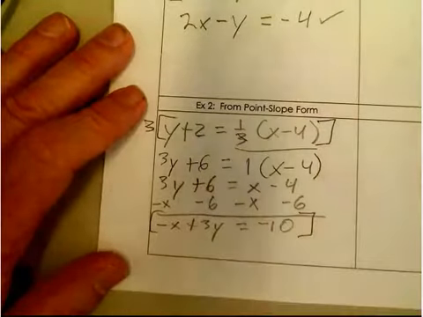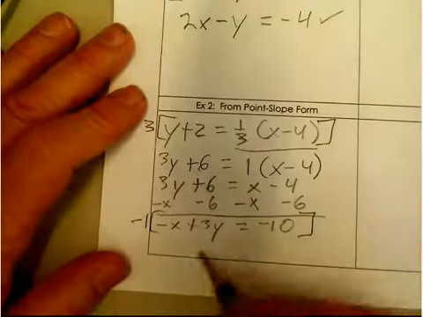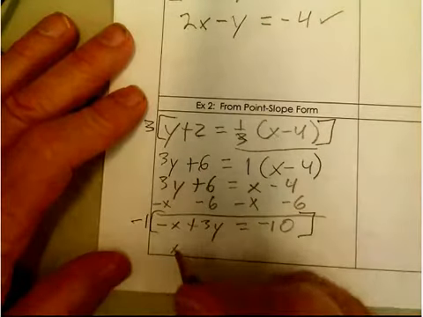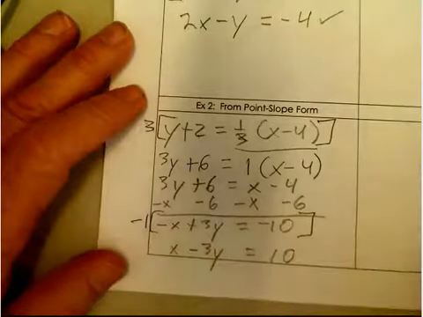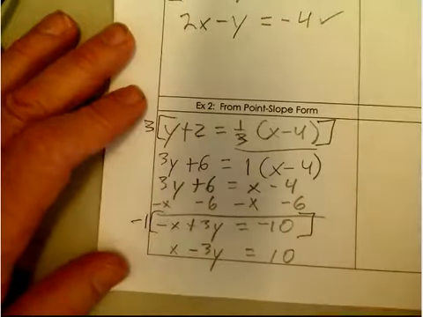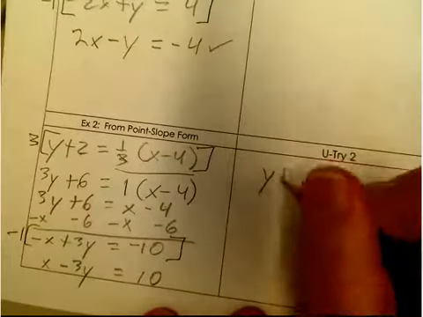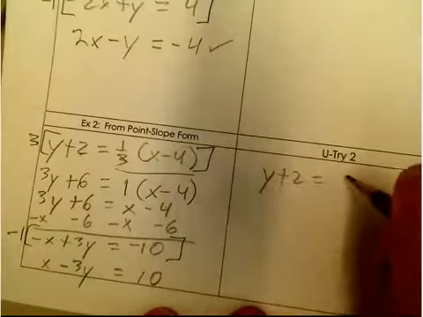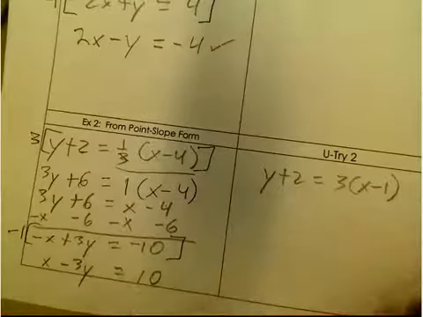And since I have to have A be positive, I'm going to multiply this whole equation by -1. And I will get x minus 3y is equal to 10. Here's your u-try. Y plus 2 is equal to 3 times x minus 1. Turn that into a standard form equation.